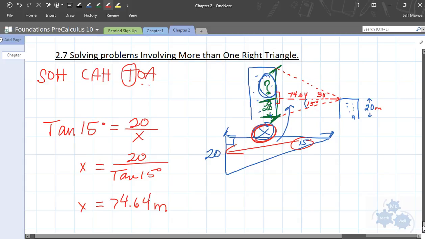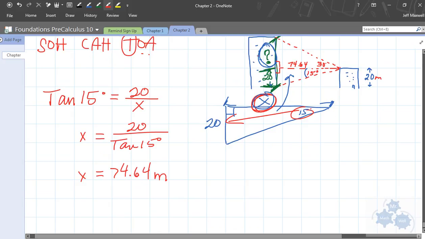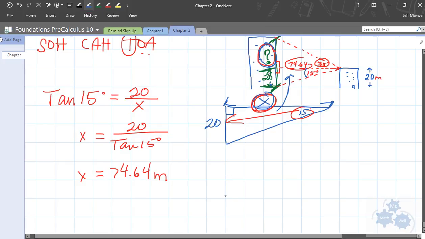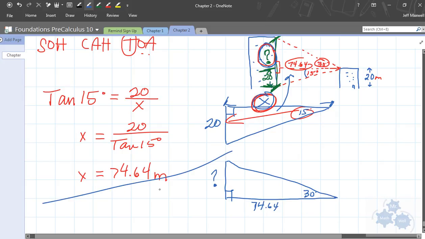So if you see that we have one more piece left to find, and I do have enough information now to find that. So if I just draw the second triangle for you, just going to blow that up a little bit. That's 30 degrees. I know now that this is 74.64. And now I can find out what this piece is. So what trig function would I use here? Opposite, adjacent. Tan of 30, does that look right?